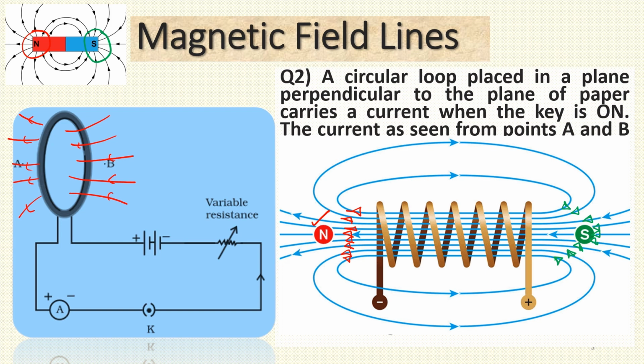Hence the end where the magnetic field lines are coming out is going to be the north pole. That means the end A is going to be the north pole, and the end where the magnetic field lines are entering the loop will be called the south pole. So if the magnetic field lines are coming out, that end is the north pole, and if the magnetic field lines are entering, that is the south pole. I hope this will be useful in answering this question.